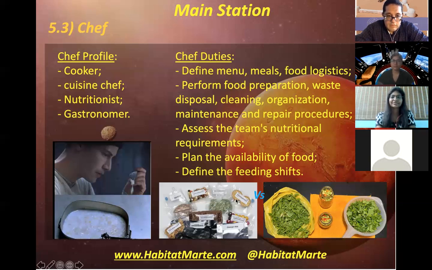But there's also a danger in becoming very dependent on the resources transported from Earth, because if a problem happens during the rocket travel, they also need the food produced in Mars. So this is a very delicate balance between the food produced on Earth and the food produced in Mars.